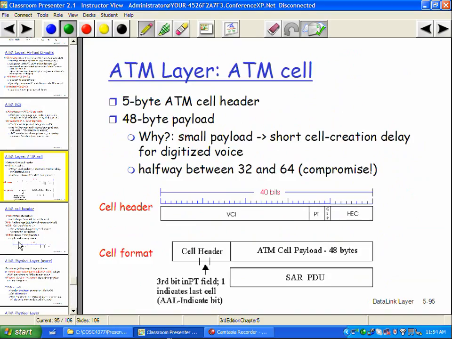Right, so it's an interesting story here that the ATM cell is 48 bytes, and that's kind of an odd number. Apparently there were two groups fighting for the cell size. One group was stuck on 32, the other group was stuck on 64. They could not agree.